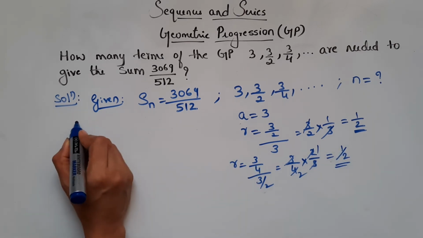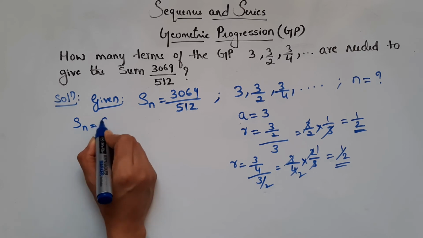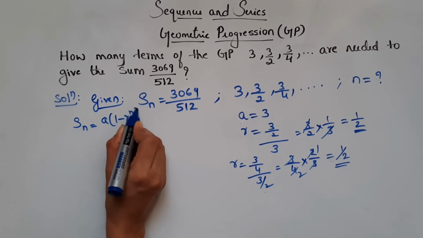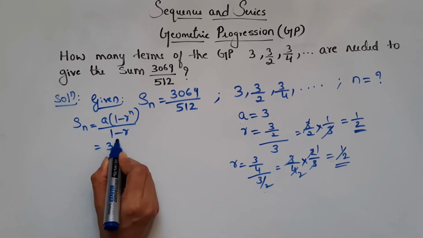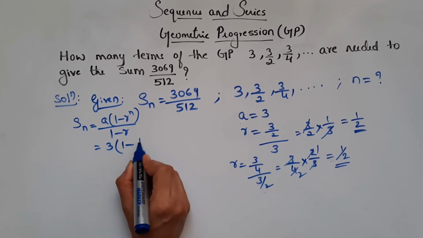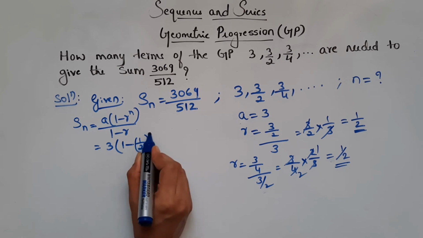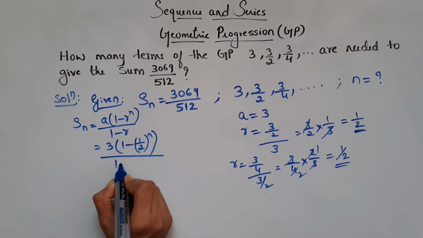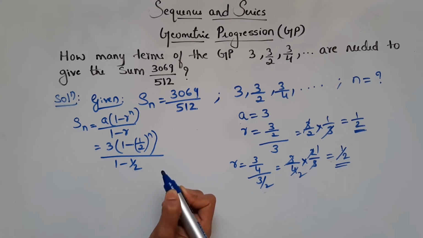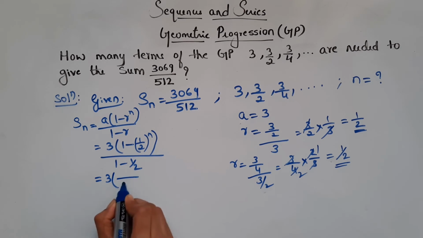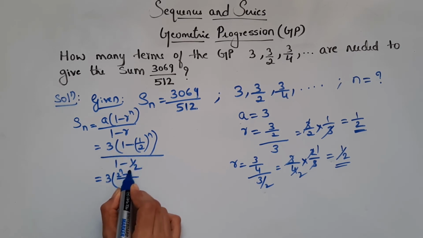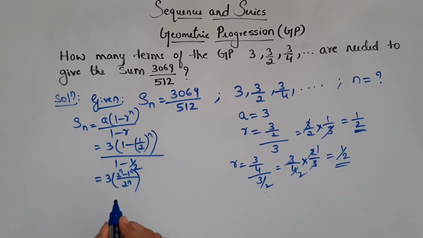So now let's apply the formula. We know Sn is equal to A into 1 minus R power n by 1 minus R. So A is 3 into 1 minus R, R is half, so half power n by 1 minus half, which is equal to 3 into, let's take the LCM here, 2 power n minus 1 power n by 2 power n, divided by 1 minus half, which is half.